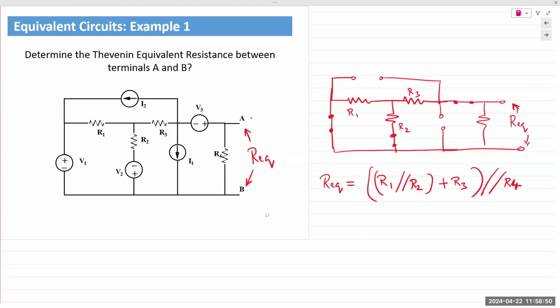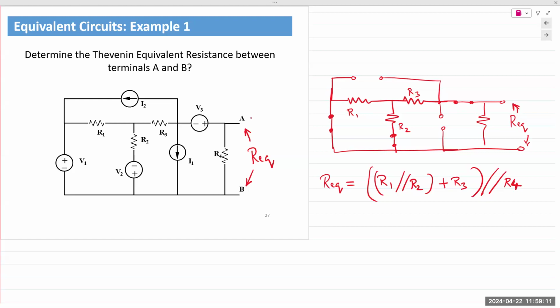And that is my Req. If you are comfortable with a particular technique to determine Req, you can stick with that. You can use the 2 techniques I showed in class. Your choice, your wish. This is the only circuit that requires removal of the sources, okay?